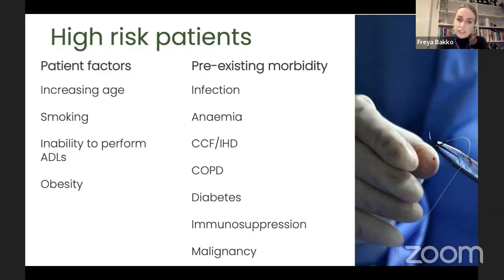COPD and any respiratory disease in general. Diabetes, poor glycemic control, both before and during the operation, increases the risk of morbidity and mortality. Any immunosuppression and malignancy, especially malignancy with ongoing chemotherapy or previous radiotherapy, that renders in particular the bowel susceptible to risks following surgery.